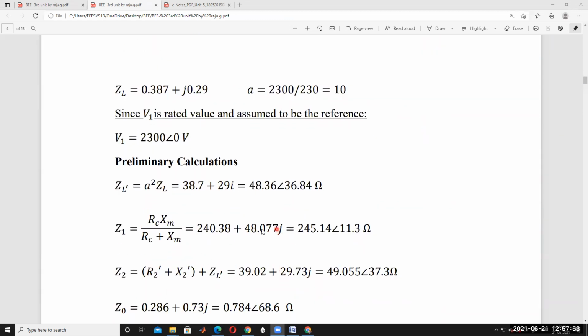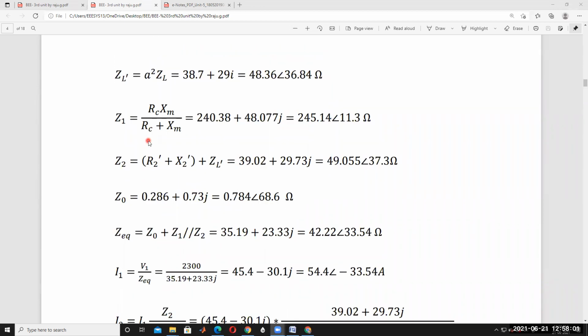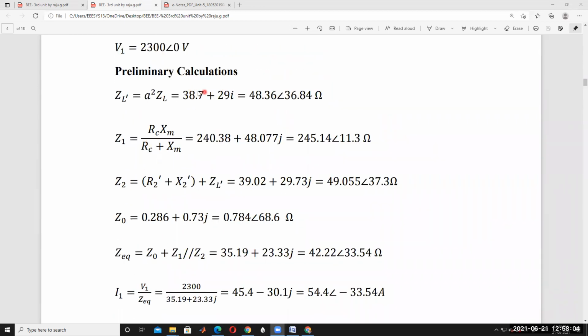By converting the secondary side impedance parameters and load side parameters to the primary side and then adding them, Z2 is R2 dash plus jX2 dash plus ZL dash. You will get this result.